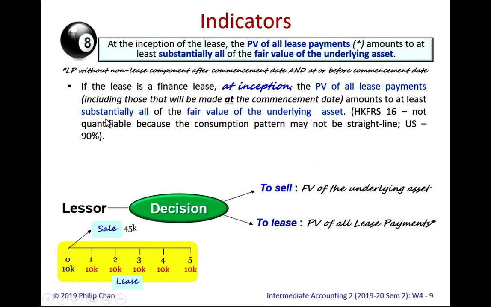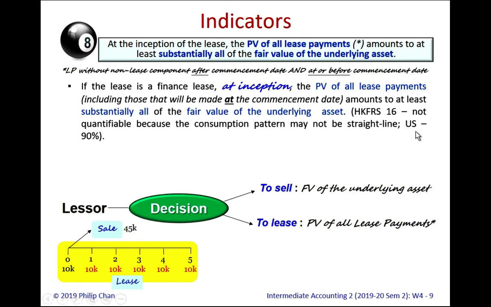Substantially all is in fact not defined within Hong Kong FRS 16, because different lessees would have different consumption patterns of using that asset. Same explanation as when we looked at indicator number 3, when we compared the lease term with the useful life.